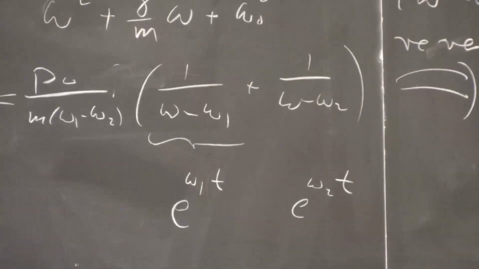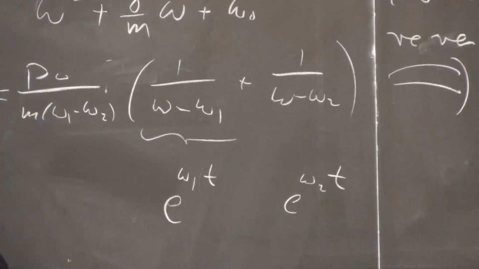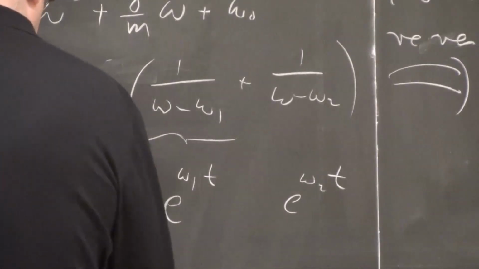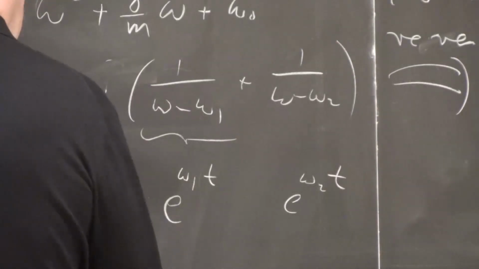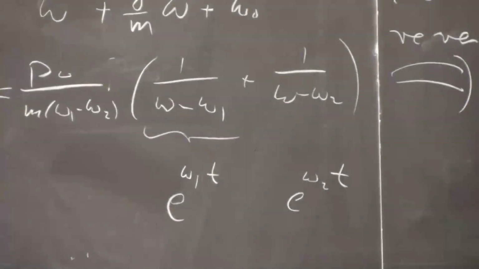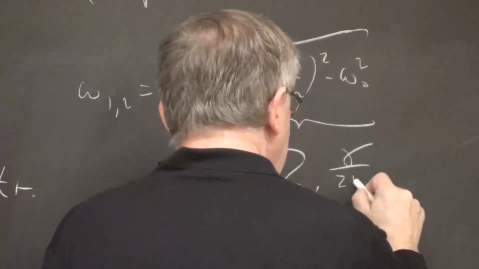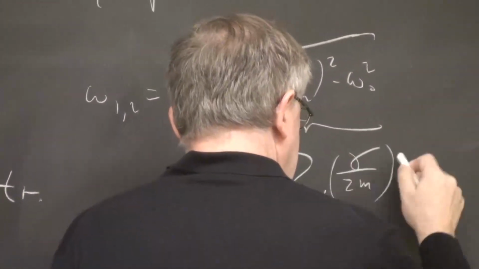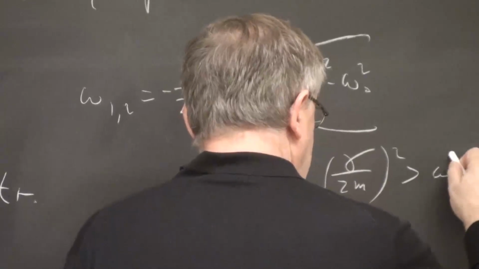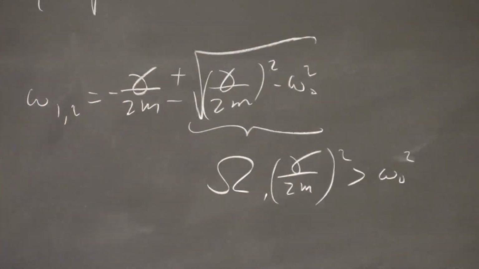And so what we find then is that q of t, now we are going back to the t dependence, the reverse Laplace transform is equal to, so now we are doing another little definition. We call this square root omega, and we assume at the moment that gamma over 2m squared is larger than omega 0 squared. You can also do it without squaring it, but okay.